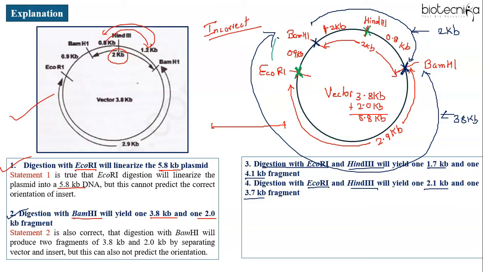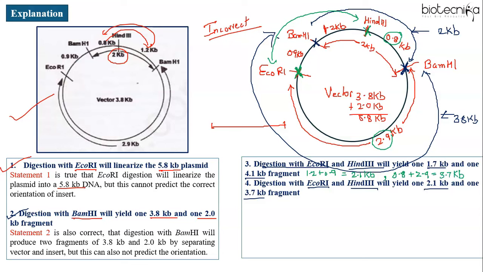So we'll get one fragment which is 1.2 plus 0.9, that is around 2.1 kb, and one other fragment. That means this 0.8 plus 2.9 gives you a 3.7 kb fragment.